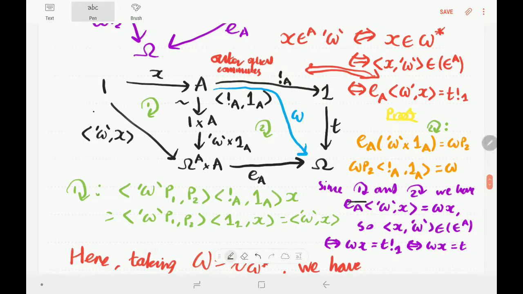And so it follows that E after name of W comma x is equal to W after x. So we have that this red statement's true if and only if Wx is true.